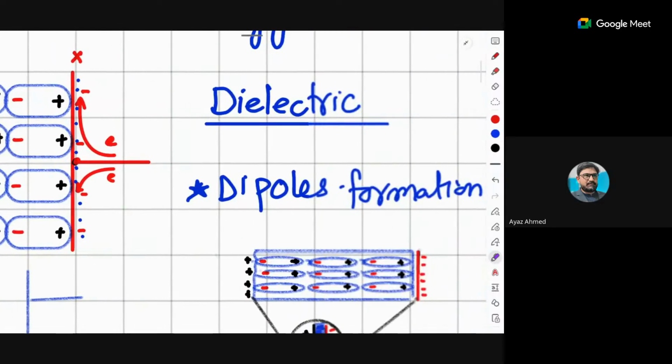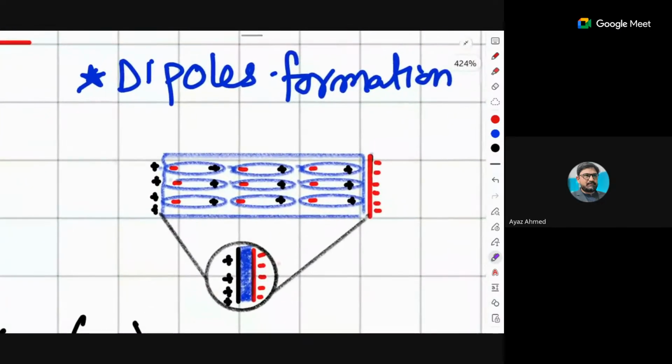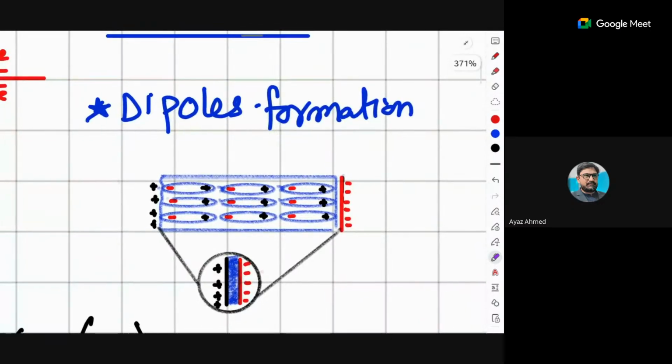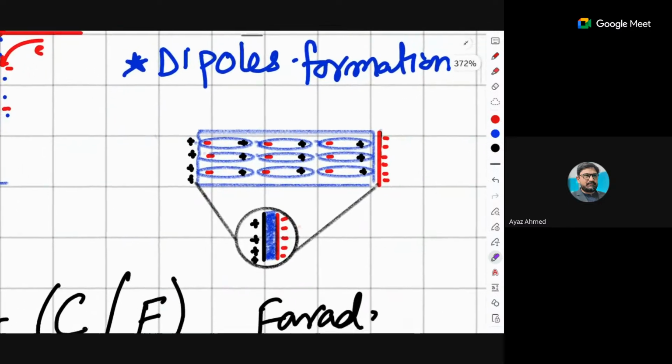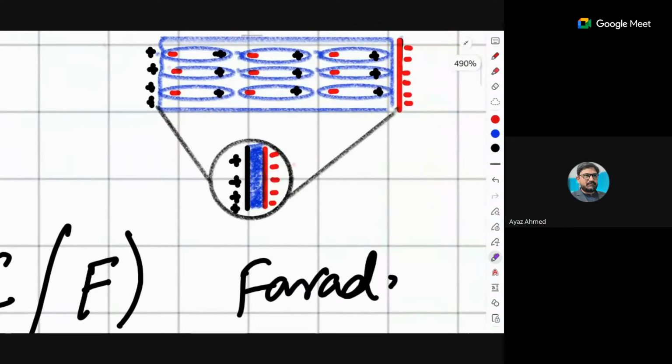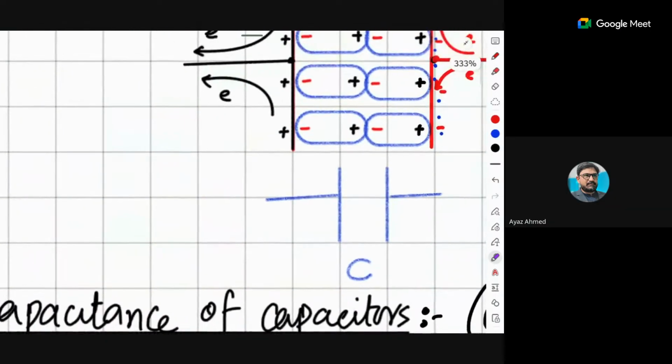Is it clear? And why do we call this material a dielectric? Because it is divided into dipoles. It is divided into two poles, which is called dipole. So as a whole, because the material is not that much ionic, there are three states of diagram.